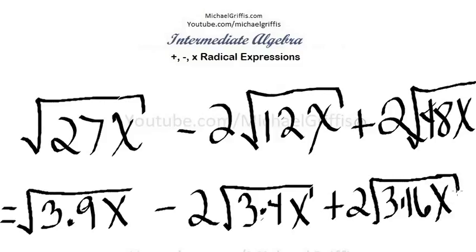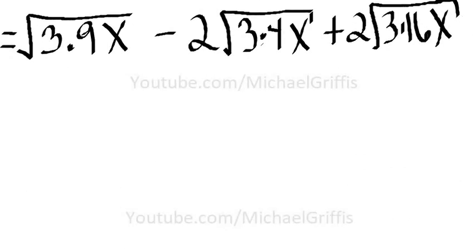Now you notice in all these, we can break this up. It's going to actually reduce down to the square root of 3x in all of them. All right. So in the first one, we know the square root of 9 is 3. So we're just going to bring that out.